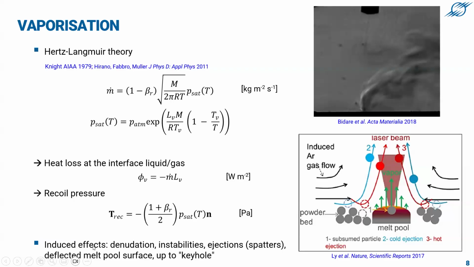And another consequence of this vaporization, because vaporization will create an ascending current of gas, let's say argon, which is the protective gas that is used in additive manufacturing classically.